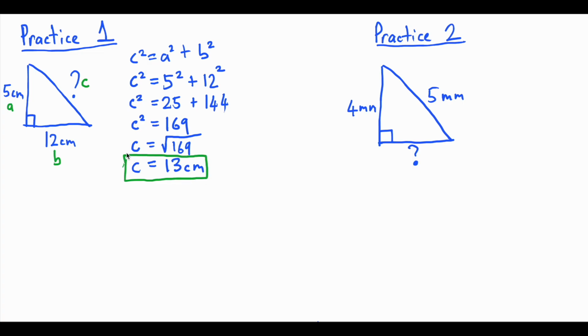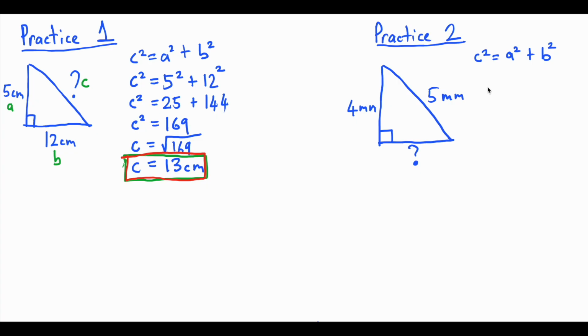Nice. Sweet. All right, so the next side here now. So we're using Pythagoras Theorem again. So we have c squared is equal to a squared plus b squared. So what is c? Do we have a c here, or do we have a hypotenuse?